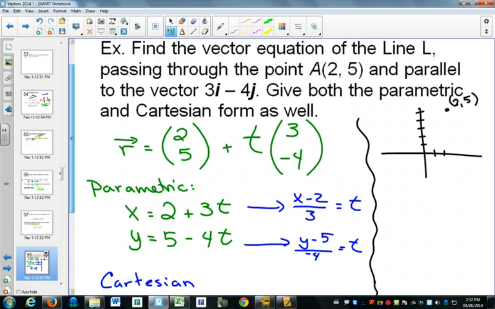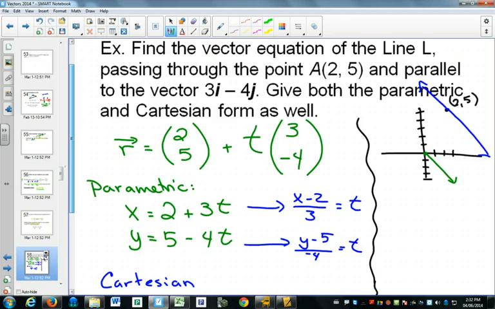This vector 3i minus 4j looks like that. What we need to do is we need to make an equation of a line parallel to this one that passes through 2, 5. So we want to find that equation of the blue line.